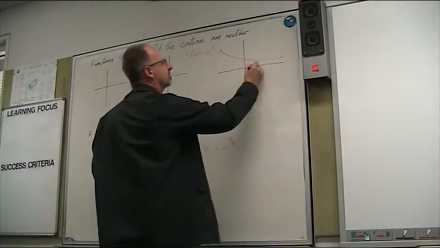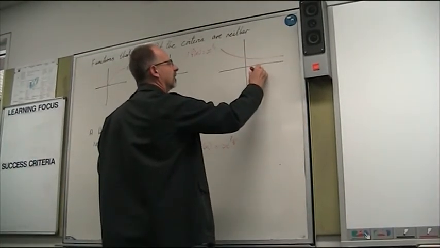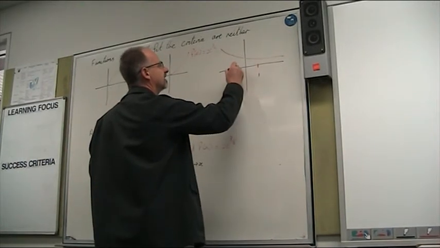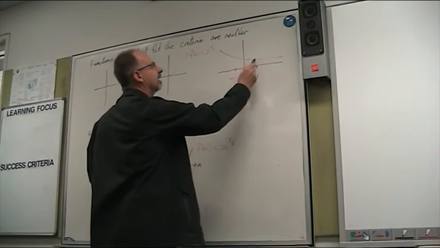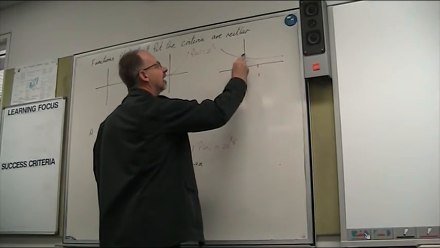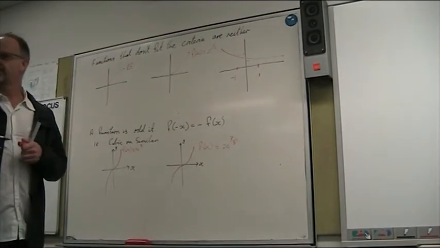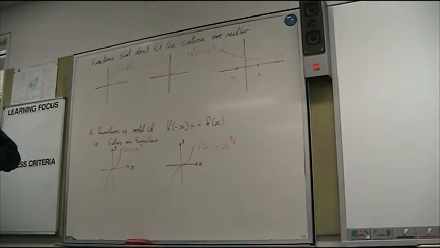So if we've got 1 there, then we need to look at -1, and they have different y values, so it's neither. The y values have to be the same size.